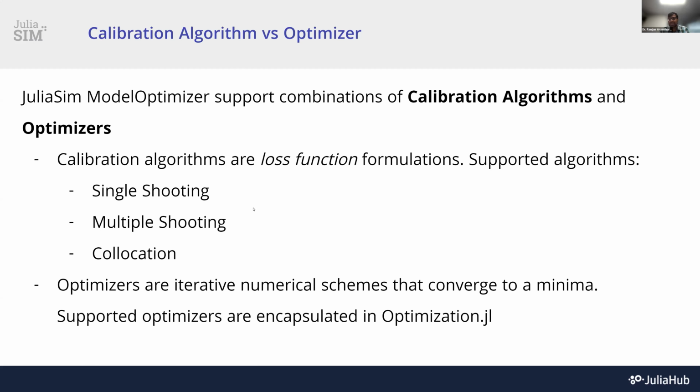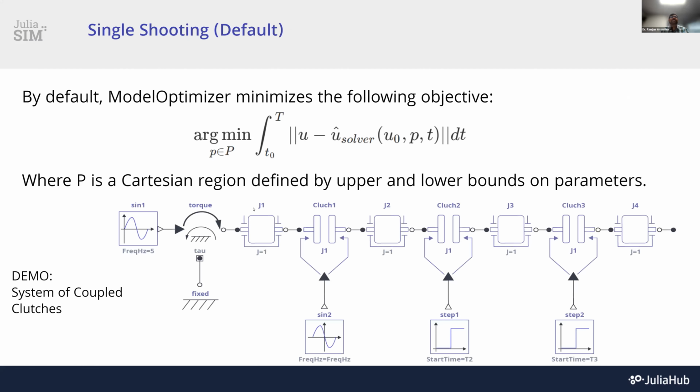All right. The first calibration strategy is the standard calibration, which is our default. We call it single shooting. What you need to do is specify P, an upper and lower bound of the parameters that you want to optimize, and you have a Cartesian space of parameters.